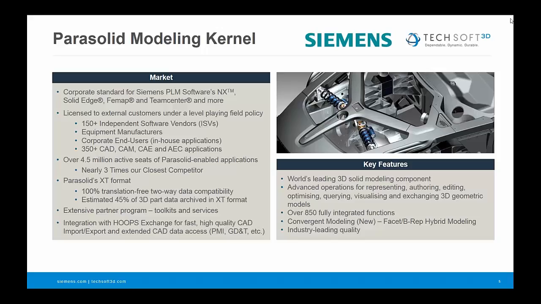Because Parasolid is used in so many applications, you really have a big advantage using it in that much of the geometry out there in the world is based on XT. So with Hoops Exchange, it's a great solution. You bring that XT data in directly into your Parasolid session.